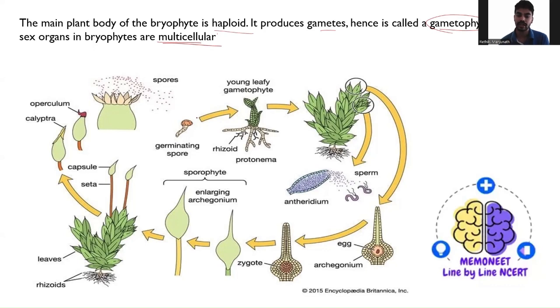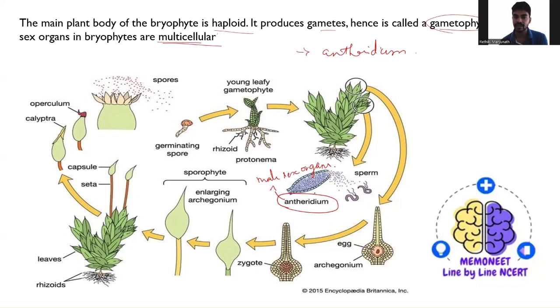Coming to the male sex organ, it is called the antheridium. This is the antheridium here. It is the male sex organ, and it produces the biflagellated antherozoids.